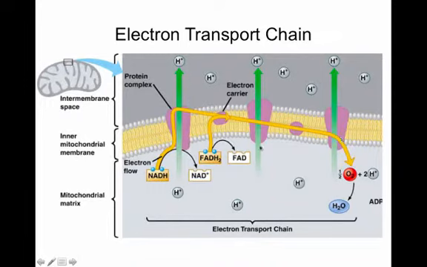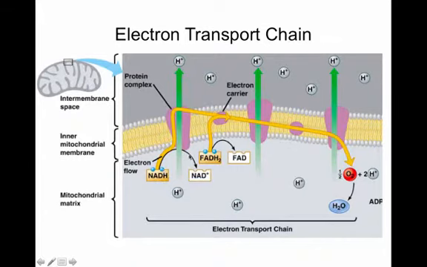All right. So if the electrons are being carried by NADH, they will be dropped off at the first protein of the electron transport chain. If they're being carried by FADH2, they're a little bit lower energy, so they're going to be dropped off here at this first electron carrier. When the electrons are dropped off, the molecule NADH is losing electrons.